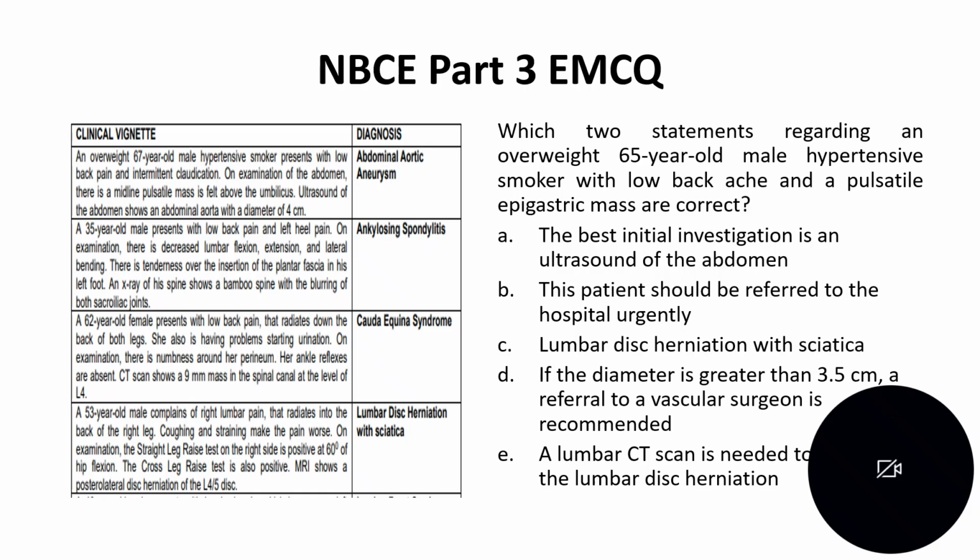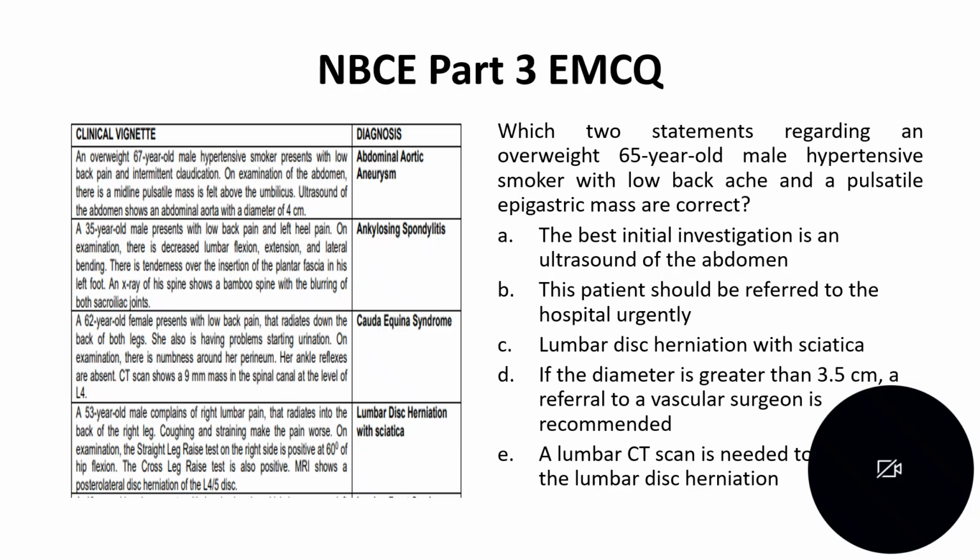There is nothing here in the clinical vignette that suggests this patient should be referred urgently to the hospital, so B is not correct. C definitely is not a situation of lumbar disc herniation and sciatica, because even though there is backache, there is no radiation of that backache into the leg or into the foot.